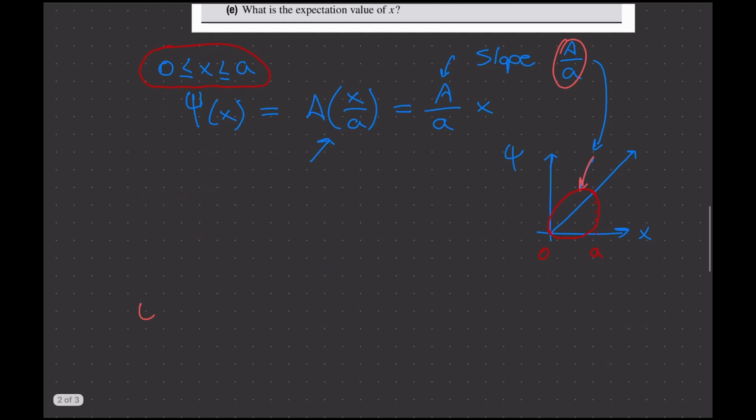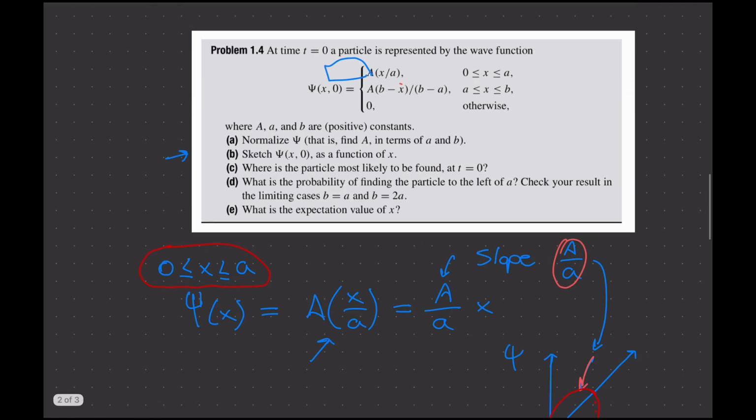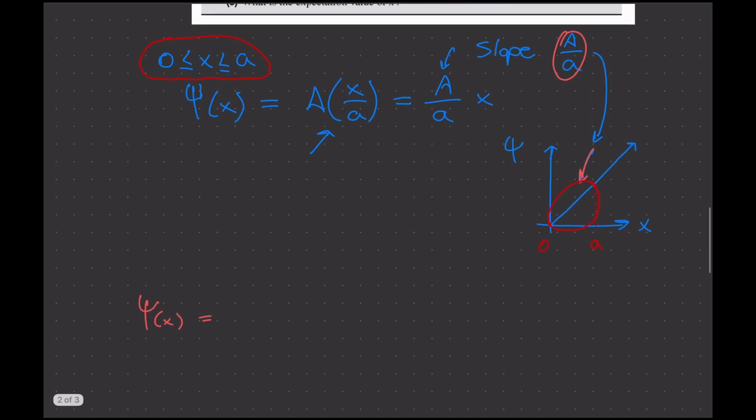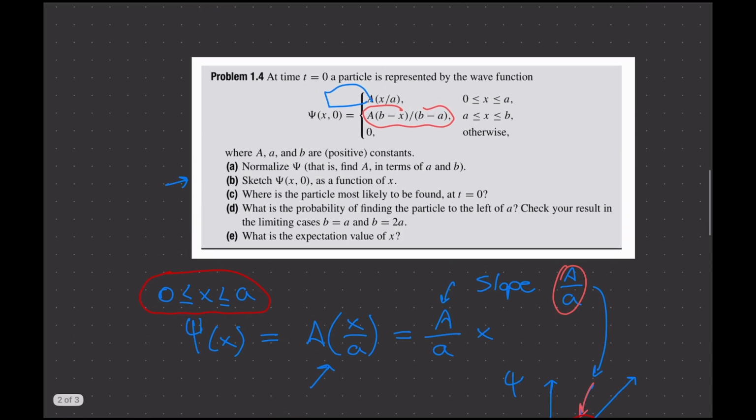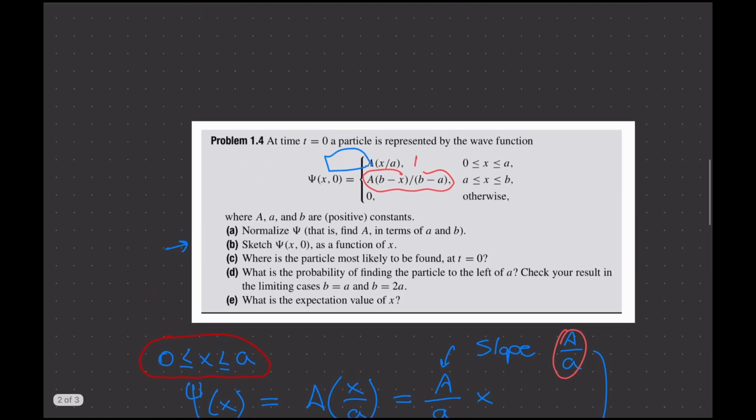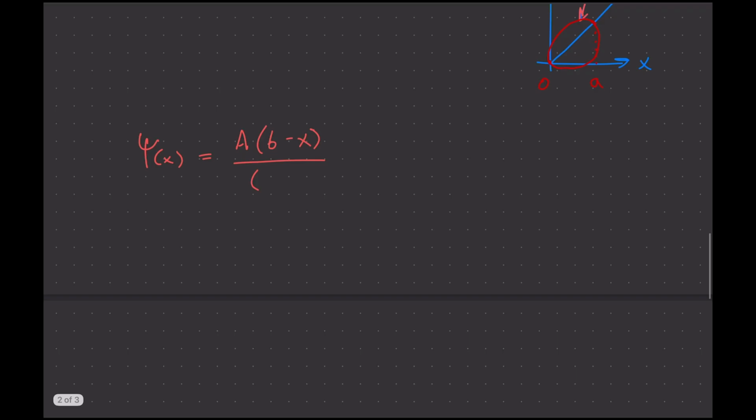And let's do psi of x is equal to, let's do this part right here. A times b minus x, so I'm going to do everything at the top, b minus x, and at the bottom there's another set of brackets, because there's this division symbol right here, b minus a.